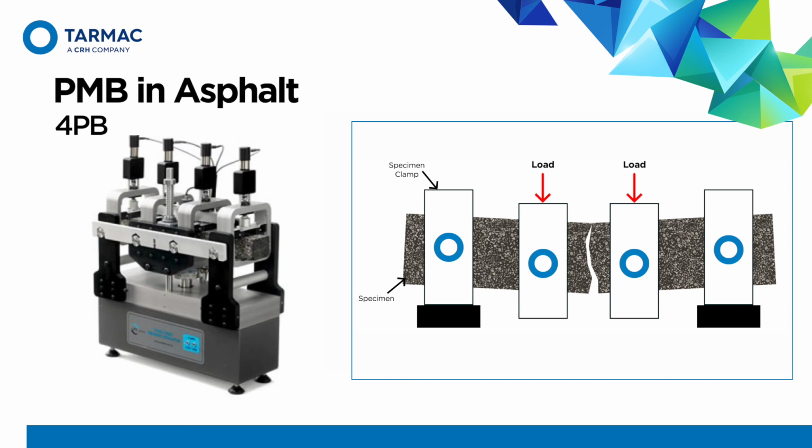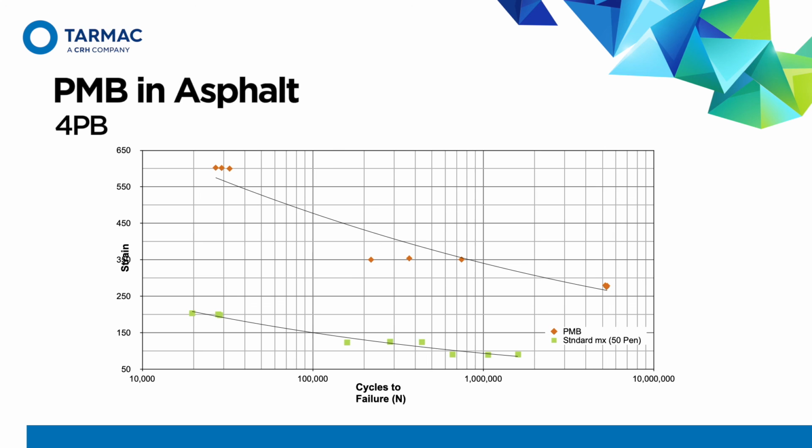Fatigue failure here is the moment at which the stiffness has decreased to half of its initial value. A typical result for this can be demonstrated in this figure, where the number of cycles to failure against the strain is shown, typically for a 50 pen asphalt mixture compared with a polymer modified mixture.